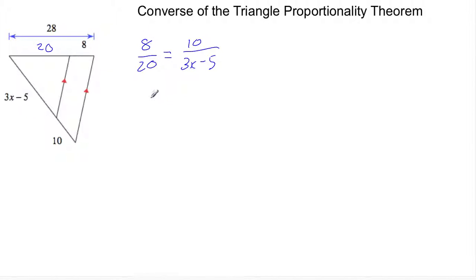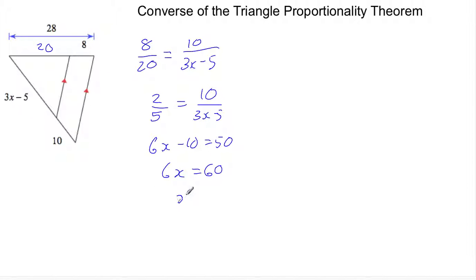We can reduce this fraction to make multiplying easier. 4 is a common factor. So I get 2 to 5 is equal to 10 to 3x minus 5. Cross multiply, so I get 6x minus 10 is equal to 50. Add 10 to both sides, so I get 6x is equal to 60, or x is equal to 10.